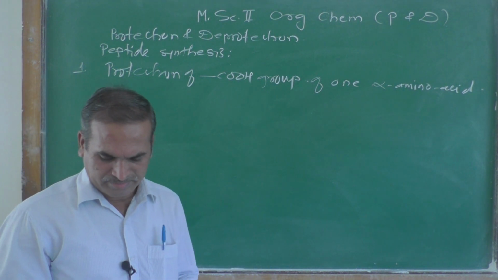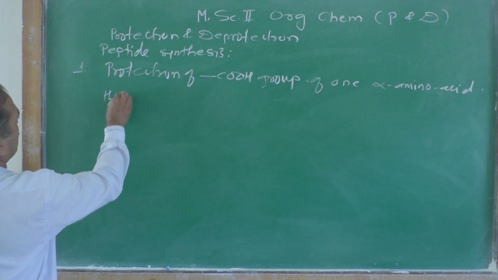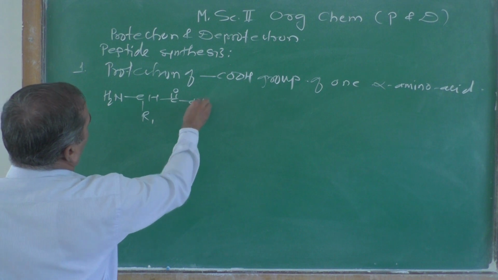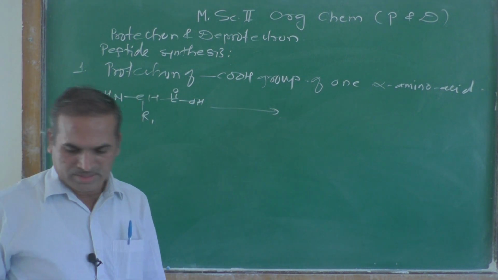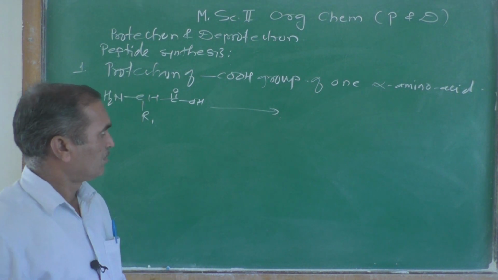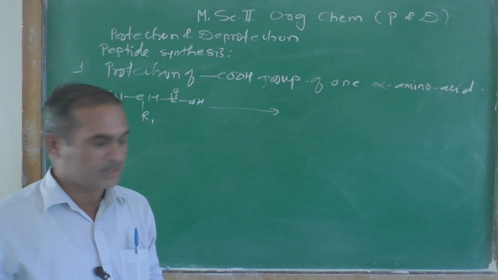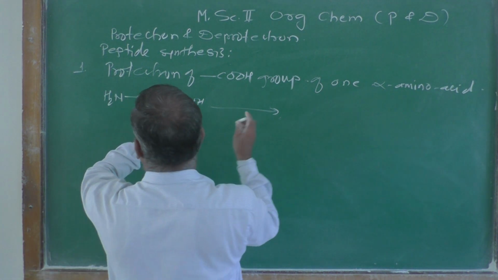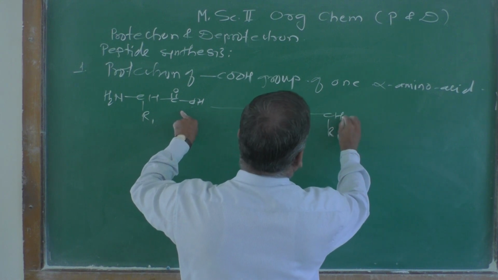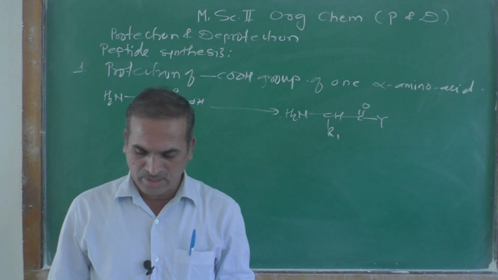Let us see here the general structure of an amino acid: H2N, then CH, R1, then C double bond O, OH. This compound can be treated with some suitable protecting group so that we get H2N, then CH, R1, C double bond O, and what we did, we protected the carboxylic group.